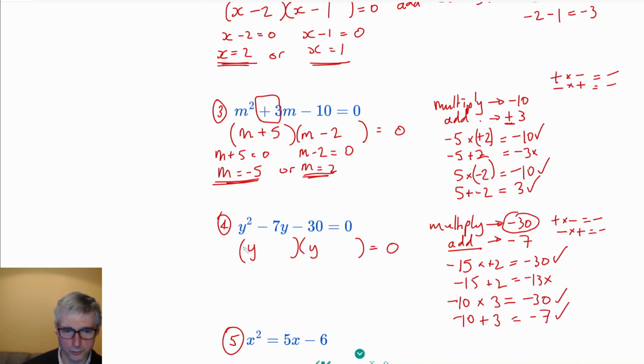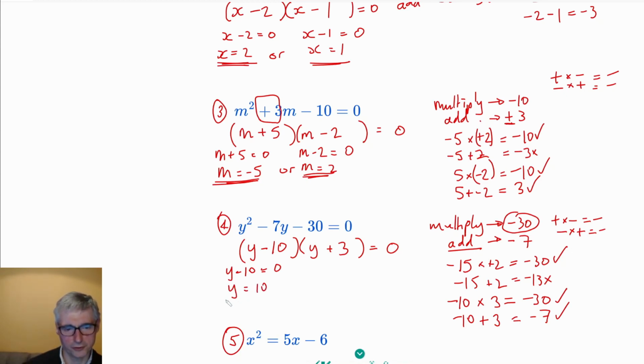So our 2 numbers that we can put in the brackets then are going to be minus 10 and plus 3. There we go. And so again, we've got to try and pick the right value this time for y that's going to make the brackets equal 0. So we're going to say, well, if y minus 10 equals 0, well, y would have to be equal to 10.